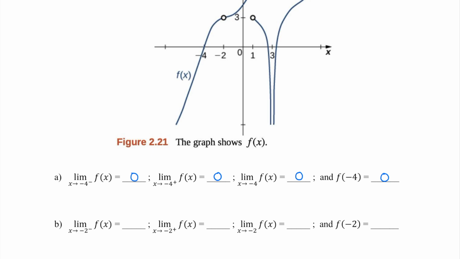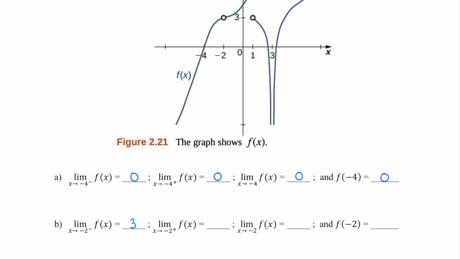For question B, I want the left side limit of the function f of x as x approaches -2. As x approaches -2 from the left, the graph approaches the open circle at y equals 3. So the left side limit is 3. For the right-hand limit, as x approaches -2 from the right, the graph also approaches that same open circle at y equals 3.